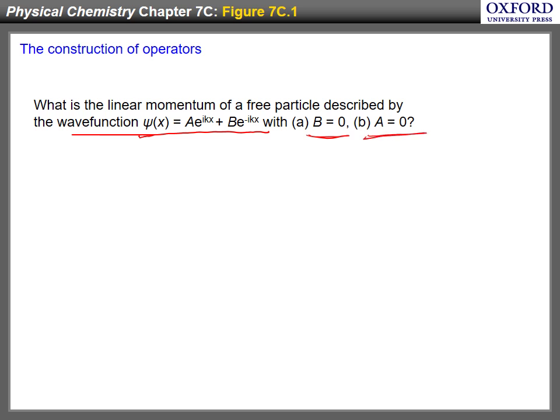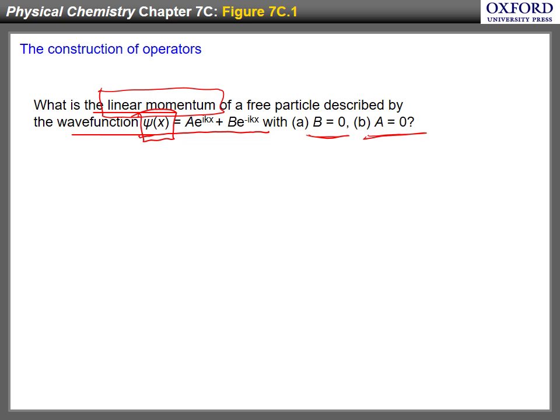So we basically operate on our phi with an operator that corresponds to the linear momentum, and then we look at the results. If the result is the original wave function multiplied by some constant, then the constant is identified with the value of the observable, the eigenvalue.